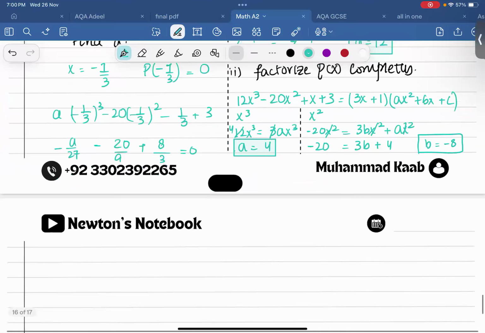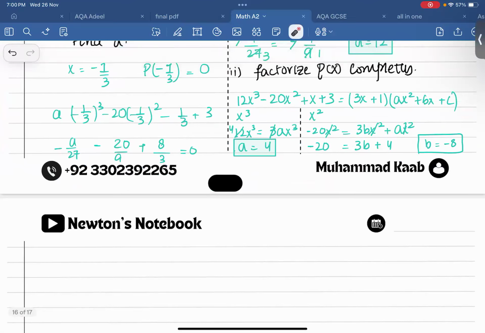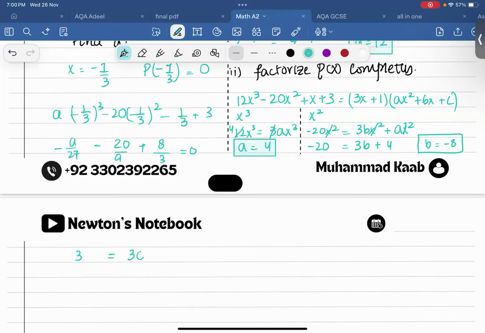And for the constant, when you multiply, on the right hand side the constant is just 3, and on the left hand side, 1 times c is a constant. What about the x term? You can just ignore it, because it will be easy for us to just go through c. So c is like the constant.